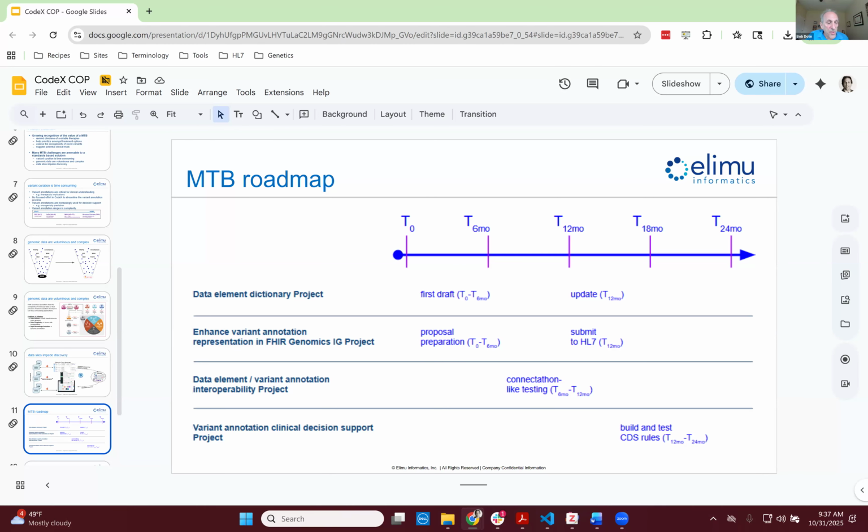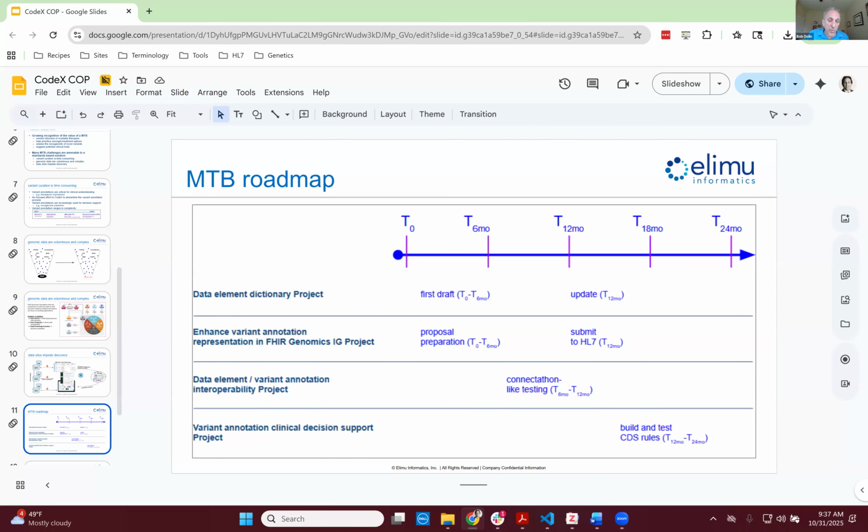And then also the capabilities of communicating variant annotation information in the FHIR Genomics standard. I would say it's very good. It's particularly good for communicating diagnostic implications and therapeutic implications. But what we're now finding is that there's a boatload of other annotations that may be of relevance in some cases, if only to drive decision support algorithms.